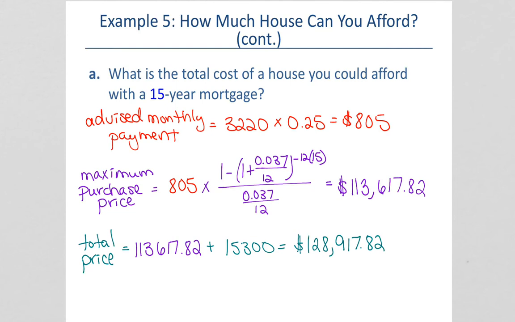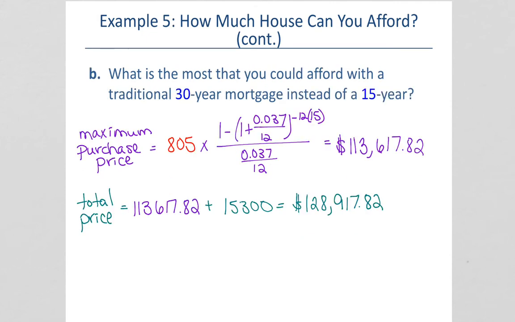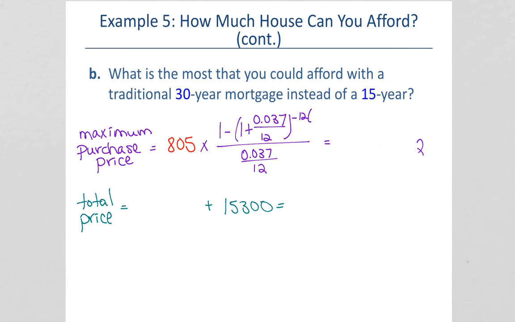What if you want to do a 30-year mortgage instead? In that case, we would change the 15 to 30. Okay?